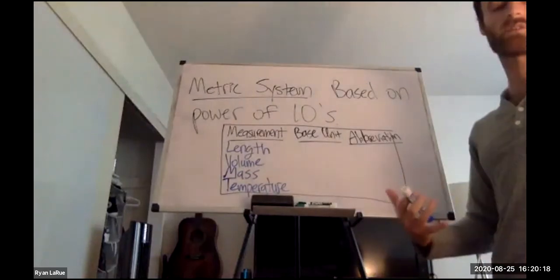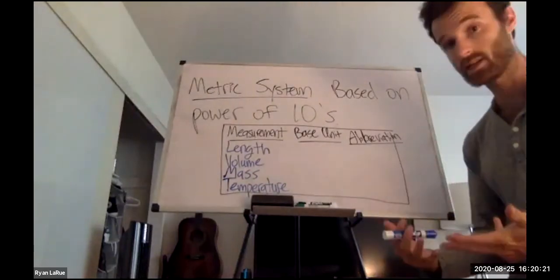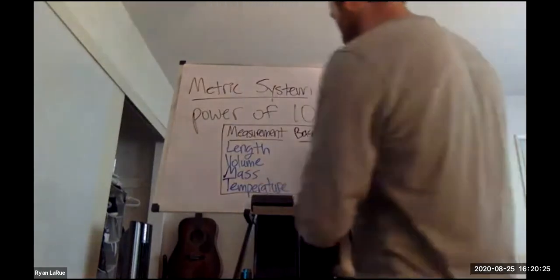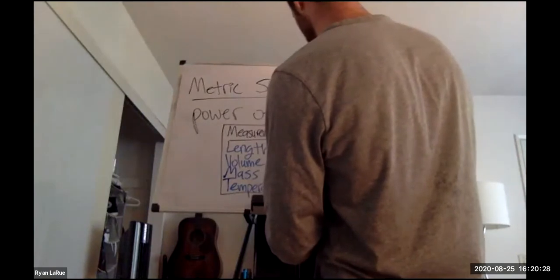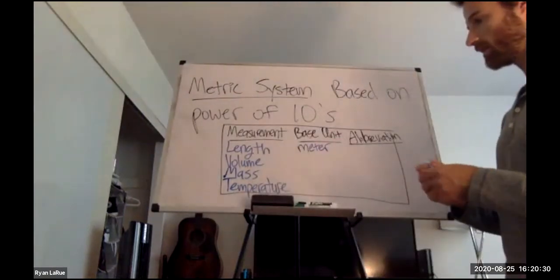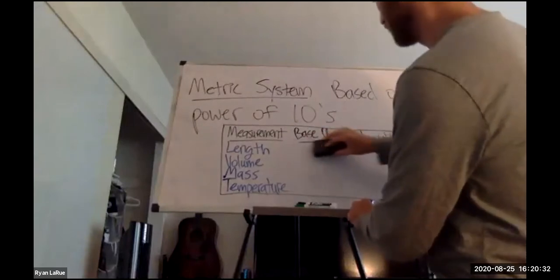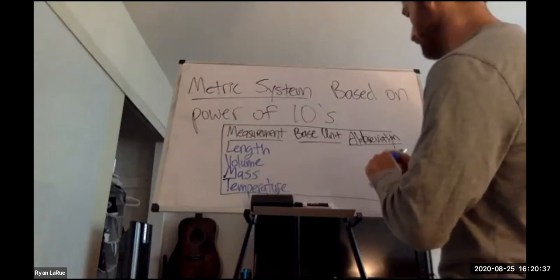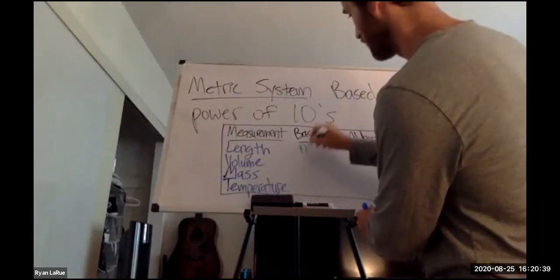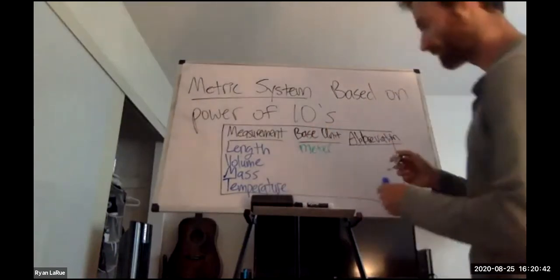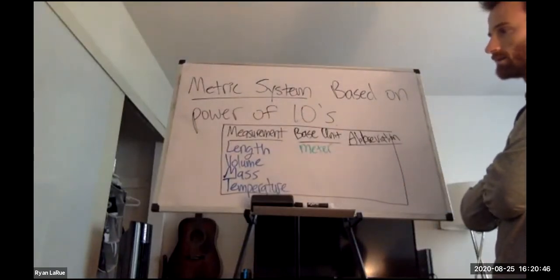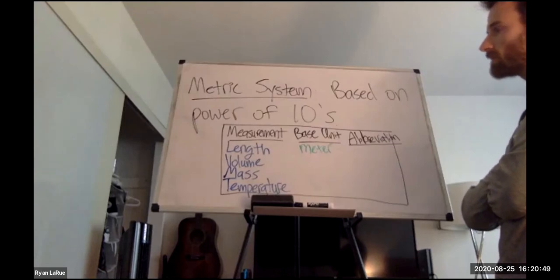And so in the metric system, we have what we call base units. So the base unit for length will be the meter. You know what? I'll do it in a different color. Like I said, I love colors. So let's do green for the base unit. Meter. The base unit of length is the meter.